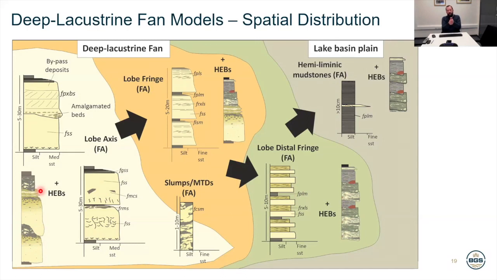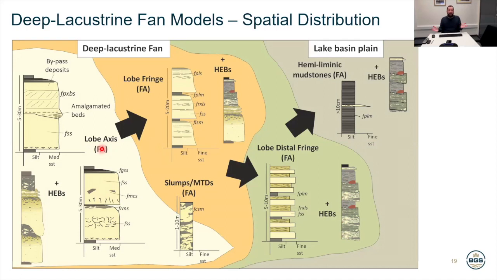Are they in the lateral fringes, in the frontal fringes? And when you see them, are they sand rich? Are the lower parts, the H1 units, sand rich, or do they have a lot of dispersed mud within them? I think that they seem to be more sand rich within the lobe axis facies association, and I think that's true for things that are proximal and distal, as long as you're in that lobe axis system.